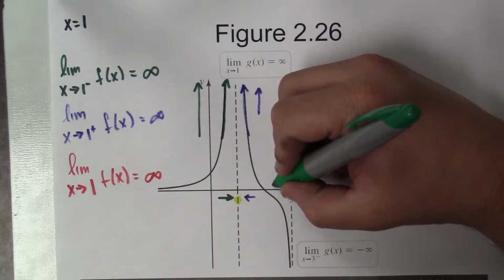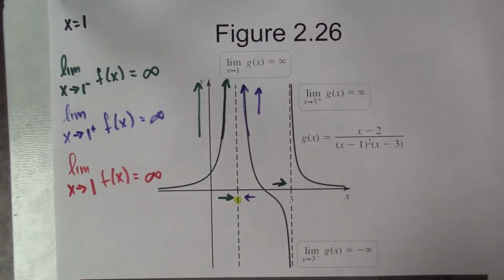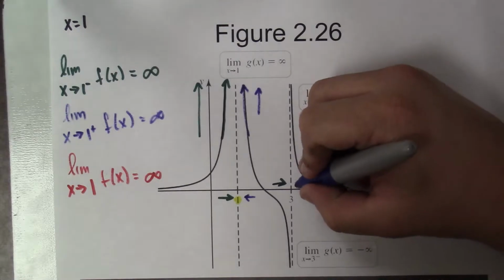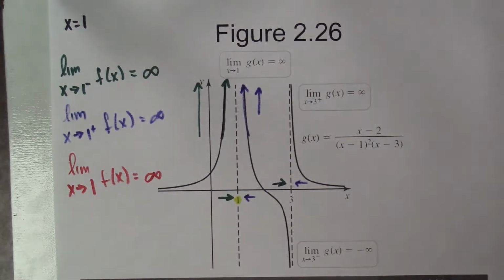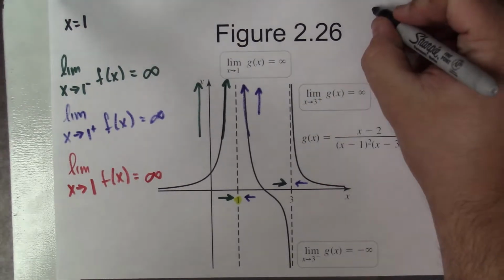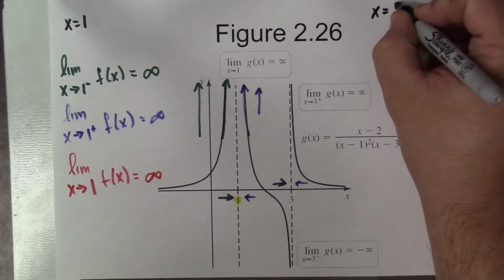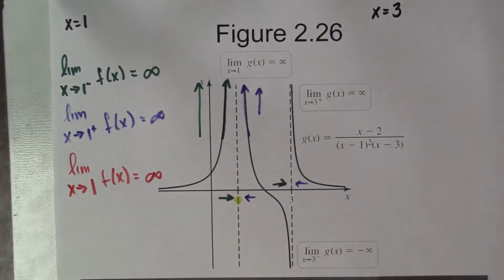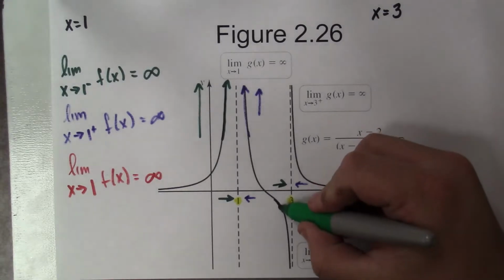So let's consider now what happens when x is 3. We're again going to talk about from the left and from the right, and I'm going to do all of this work over here on the right-hand side. So I'm going to talk about what happens around x is 3. Well, just like before, we can talk about what it's doing on the left-hand side.